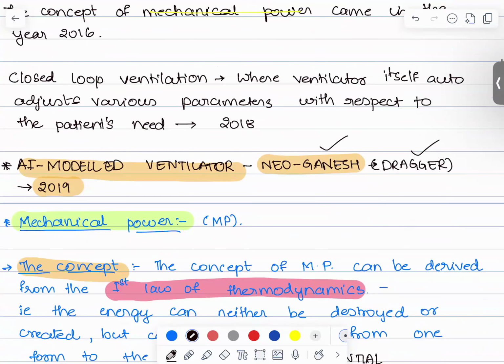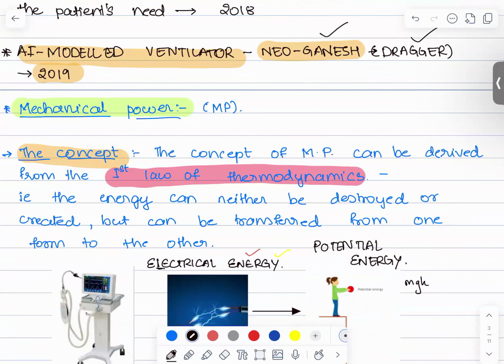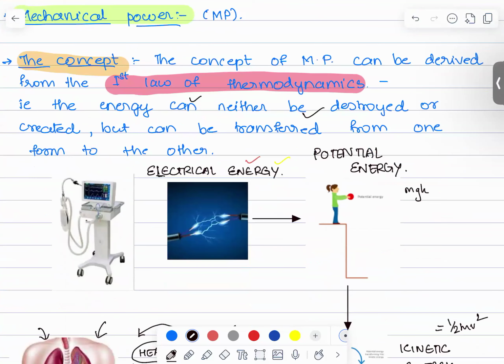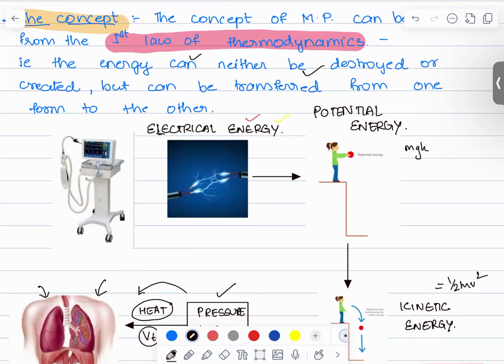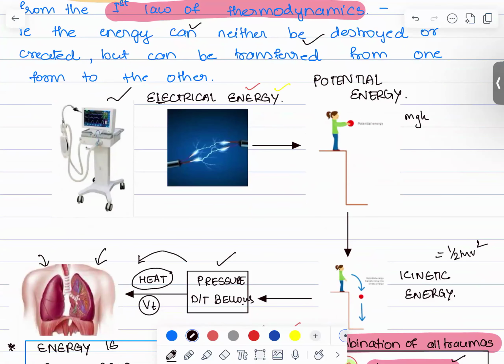The concept of the mechanical power of the ventilator comes from the first law of thermodynamics, which states that energy can neither be created nor destroyed, but can be transferred from one form to another. For example, in this picture, the ventilator has electrical energy.